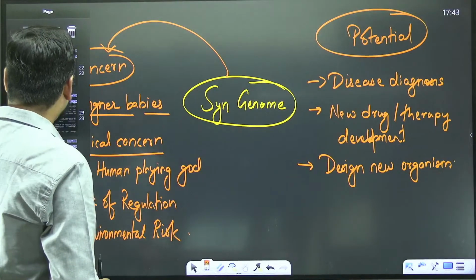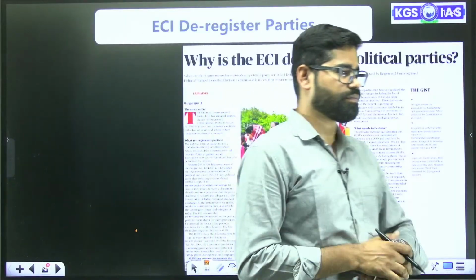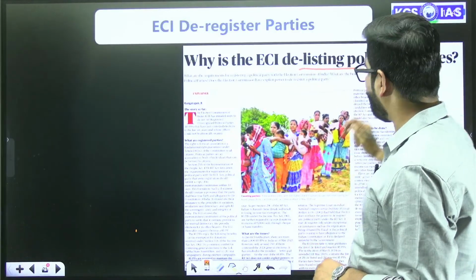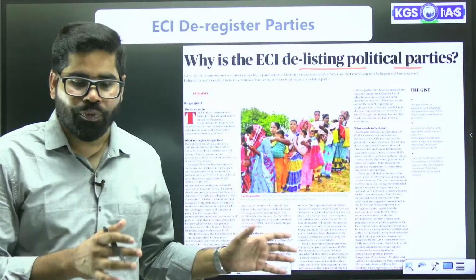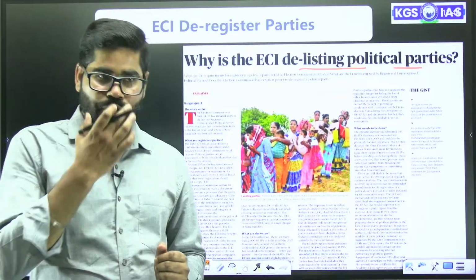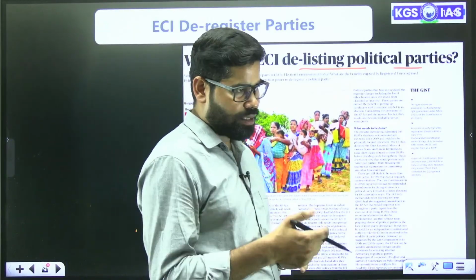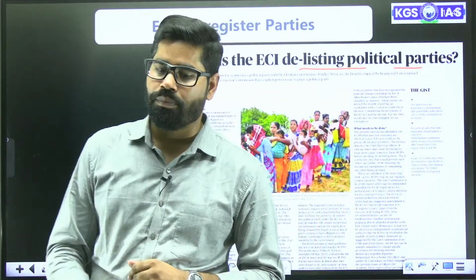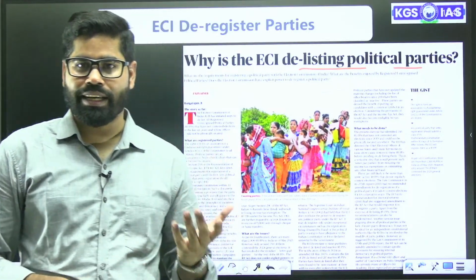Now coming to the next part, Election Commission of India. So Election Commission of India is delisting political parties. It is delisting, means it is removing them from the list of political parties. So can you tell me why? Why is the Election Commission of India delisting some political parties? What is the reason?